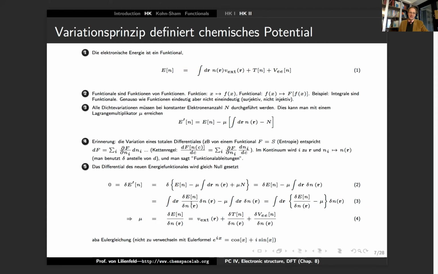And we can write this again. If you look up here, this is the external potential, the derivative of T and the derivative of the electronic energy. So our chemical potential consists of this external potential and these two terms. This is also known as Euler's equation. It's a condition on your variational minimum in your electron density.